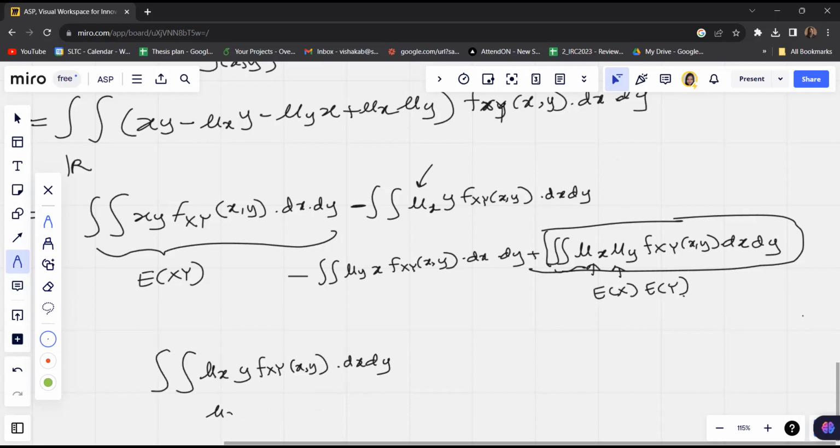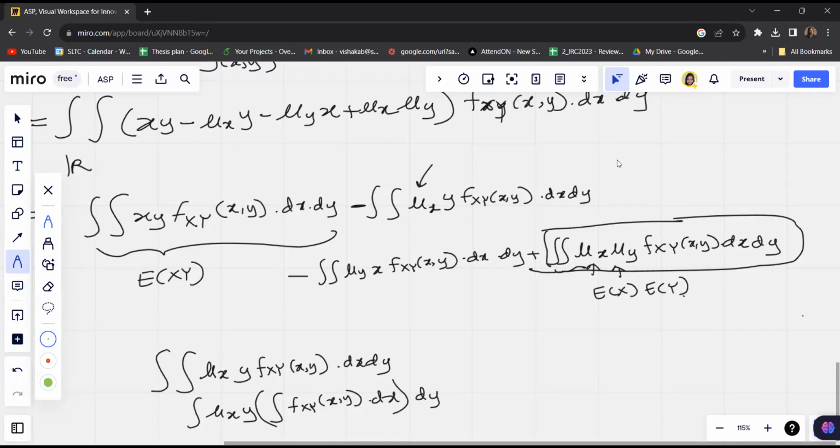I'm going to take mu x and y out, and I will be left with f(x,y) dx. And I will be left on the outside with this integration with respect to y. That I will have to do later. I think I need to put this dy at the back, but I will deal with that later.